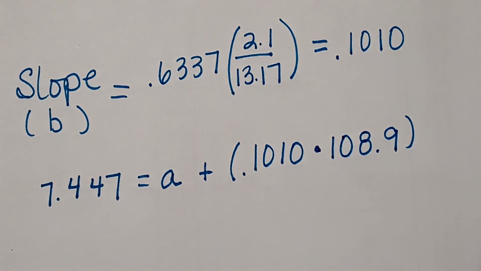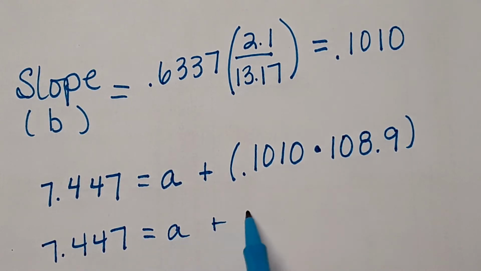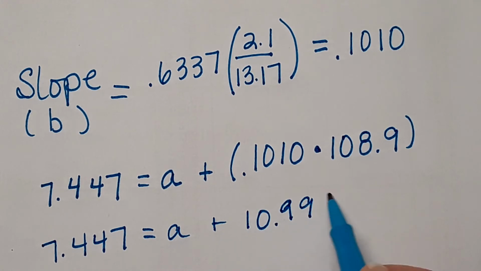So again, you guys, it would probably be better if we didn't round the slope right away, but for all practical purposes you want to round, so we'll continue. So I got 7.447 equals A plus 10.9989.